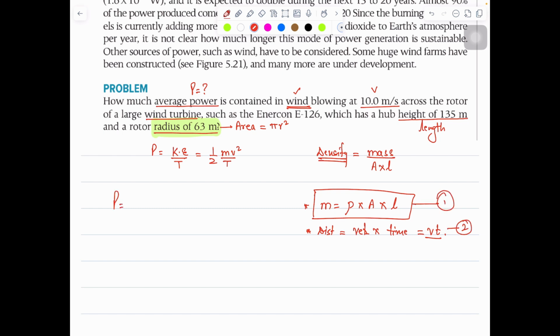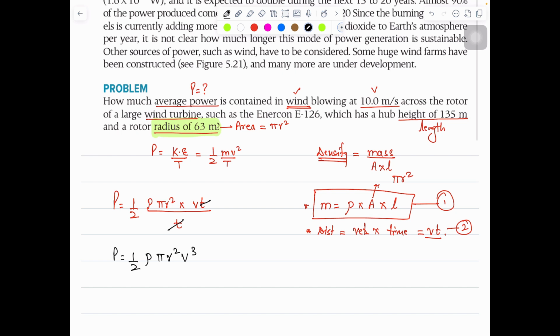So power is equal to half, m is rho, area is, I told you, pi r square, multiply length, which is velocity into time, divided by time. So time and time cancel. So what will be left here? Power is equal to half density of the wind pi r square v cube.